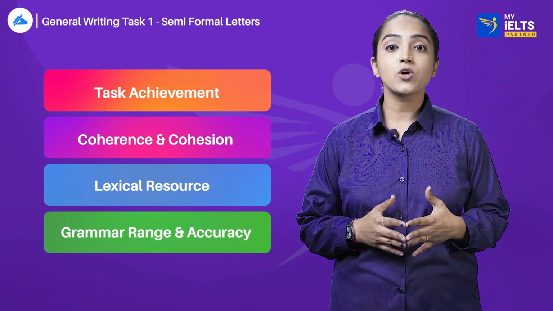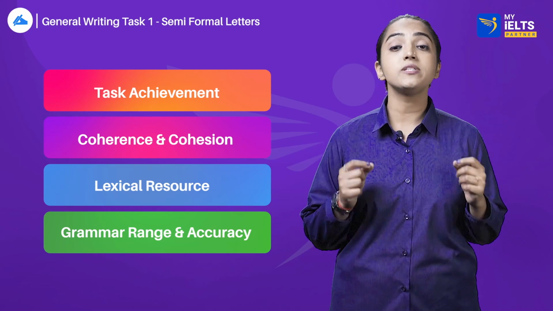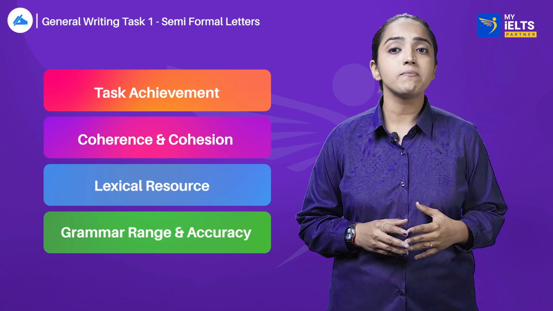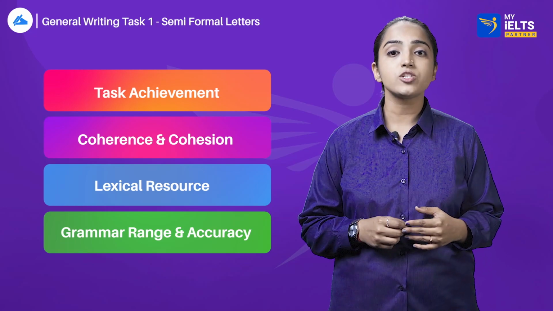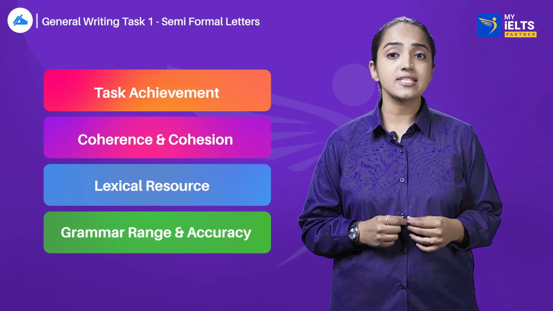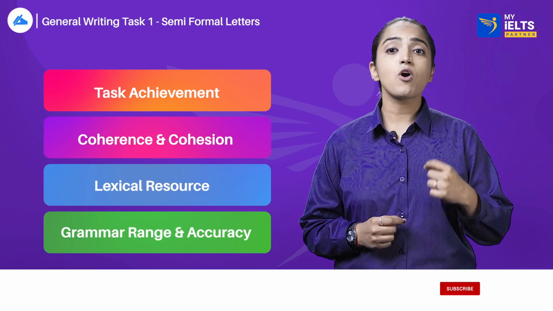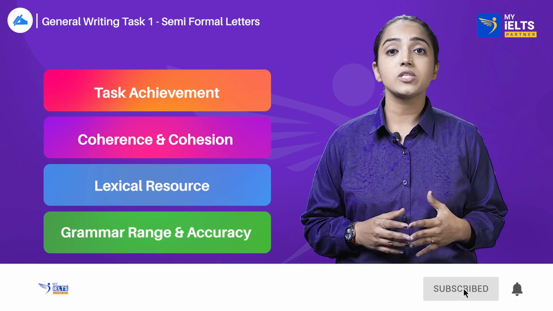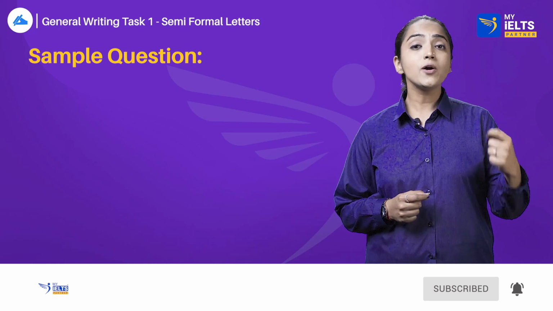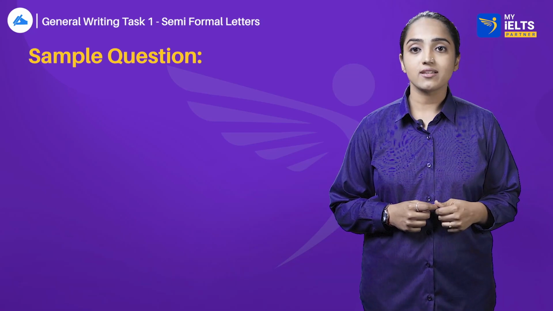You are going to be scored on these, and the weightage for each is the same, 25% each. Hence, all of them are equally important, and you need to pay attention to each one of them.